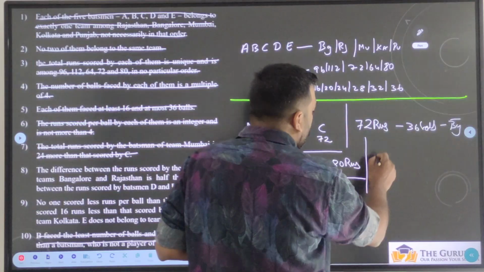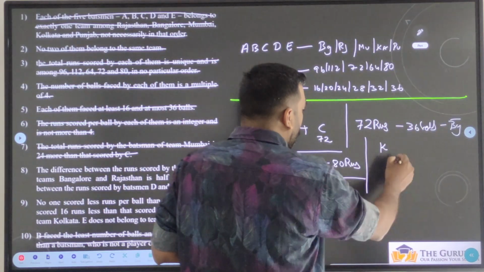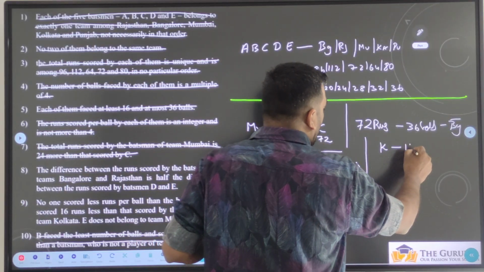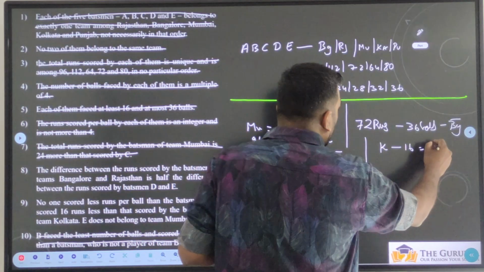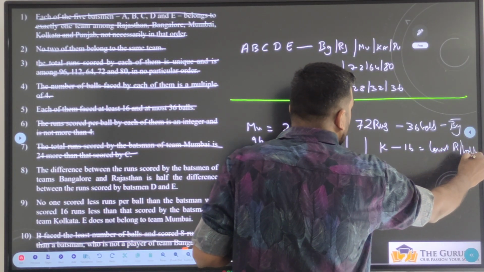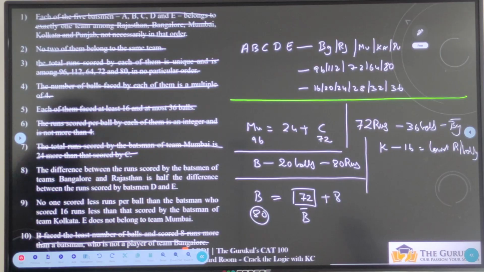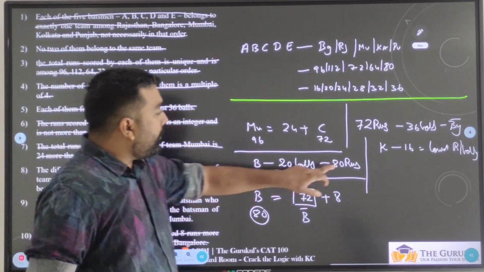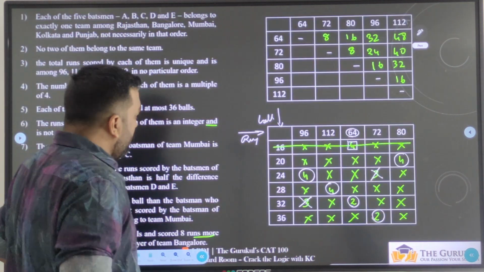So I have some person who is from Calcutta, minus 16 is equal to the person with lowest runs per ball. Now who is the lowest runs per ball? That we'll see later. Before that, one thing I need to identify, who is having this difference as 16.